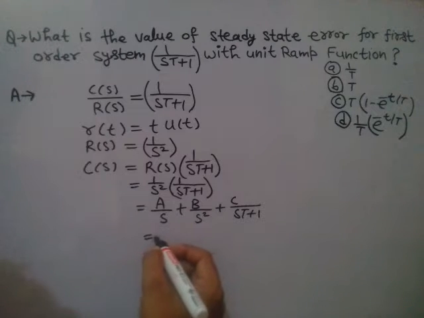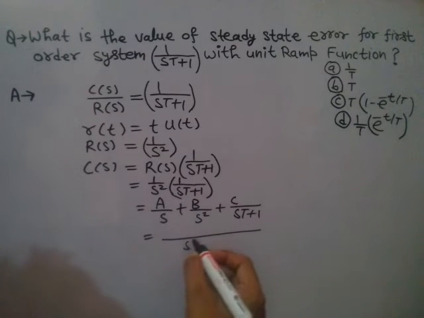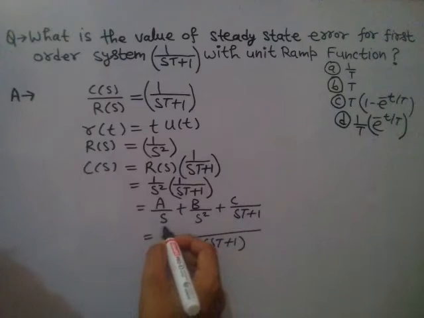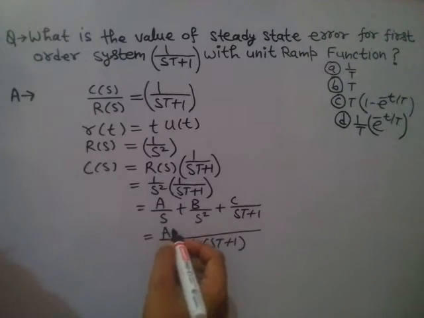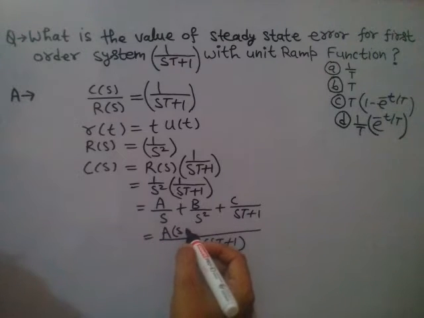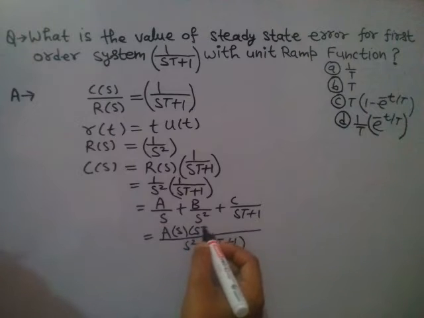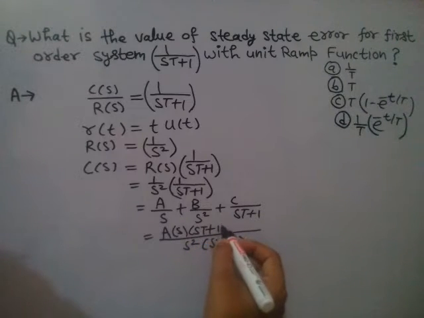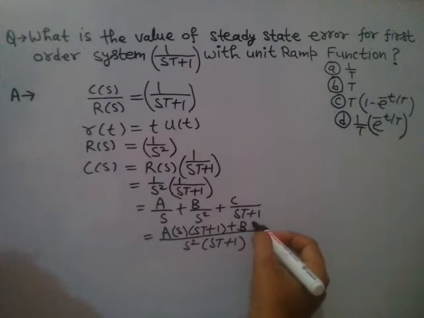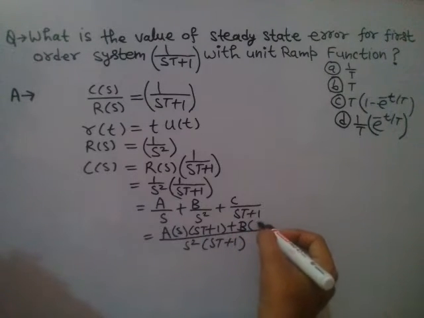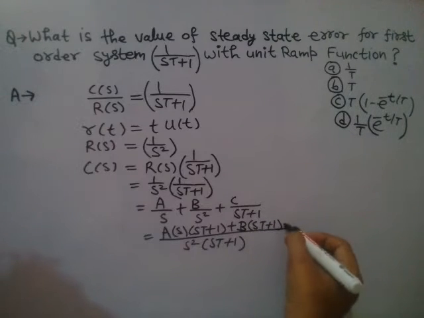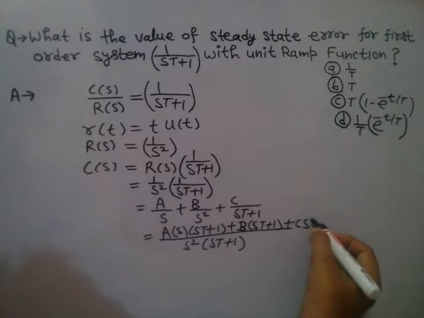Now take the LCM, that is s square into sT plus 1. Here it will become A, in bracket s, into sT plus 1, plus B into sT plus 1, plus C into s square.